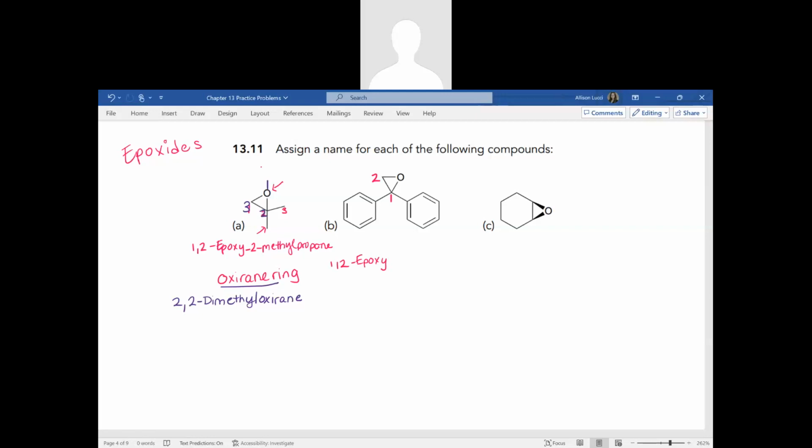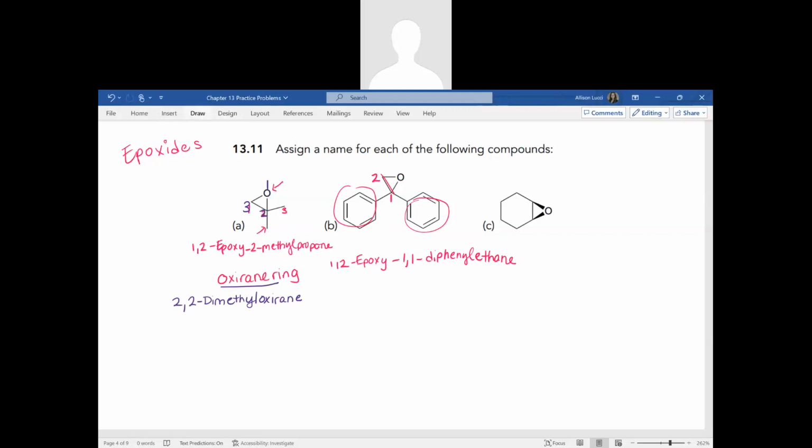Then we have 2 phenyl groups on carbon 1, so 1,1-diphenyl. Our longest carbon chain is 2 carbons, so this would be an ethane.